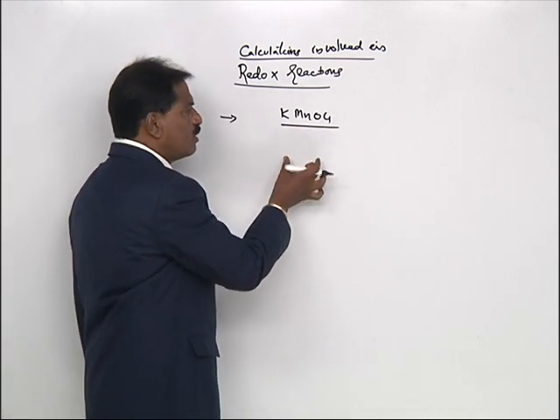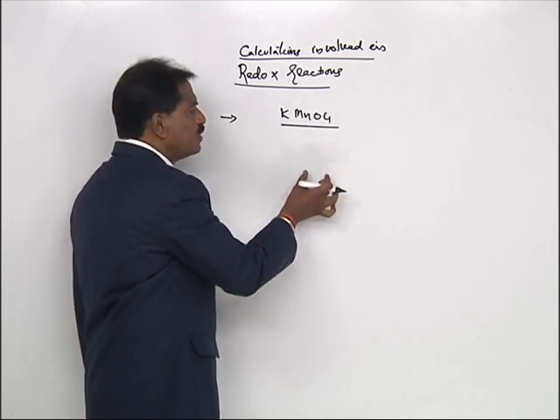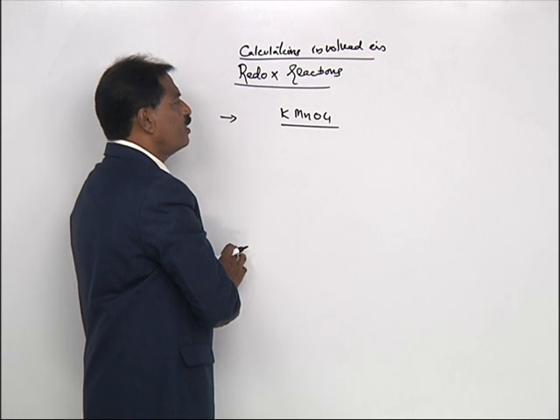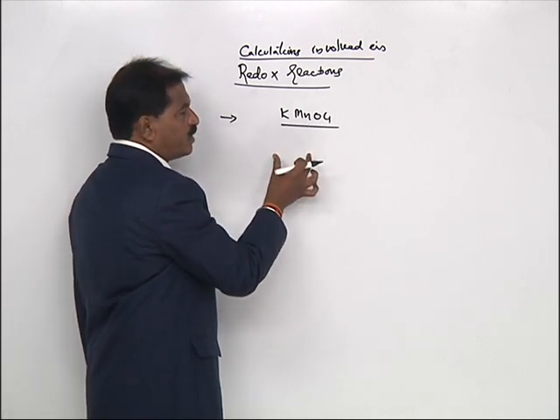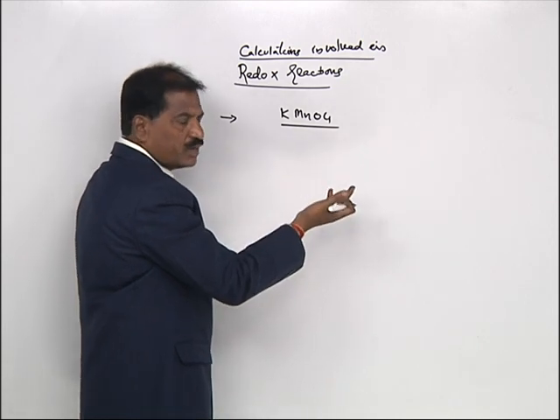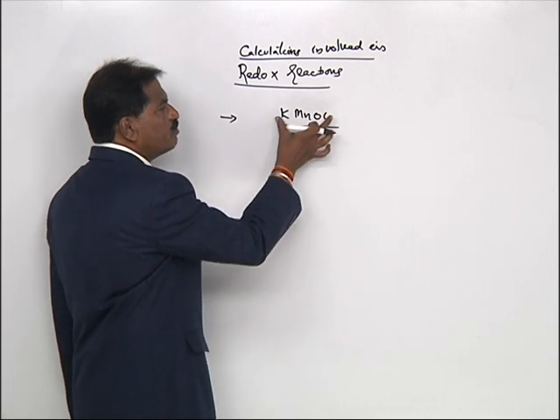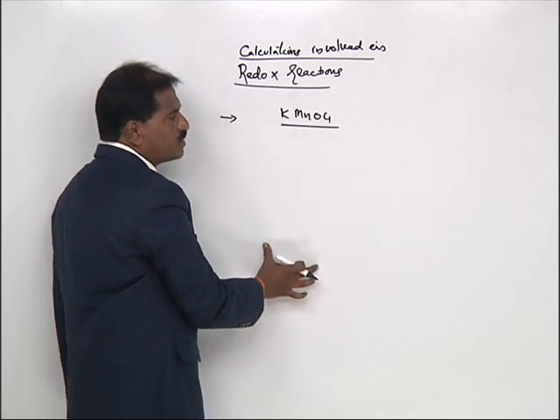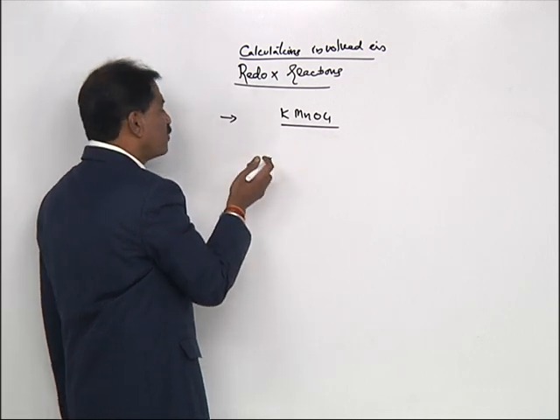The actual number of electrons gained depends on the medium in which the reaction takes place. In acidic medium, it will gain a certain number of electrons. In alkaline medium, a different number. In neutral medium, a totally different number. Therefore, if we know the medium, we can identify the number of electrons gained by one molecule of KMnO4.